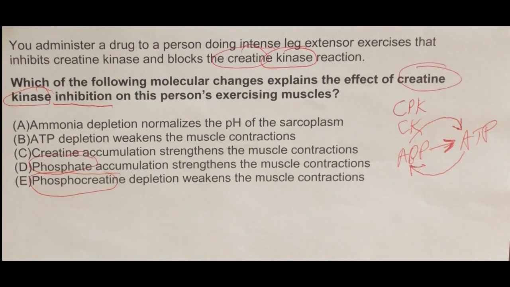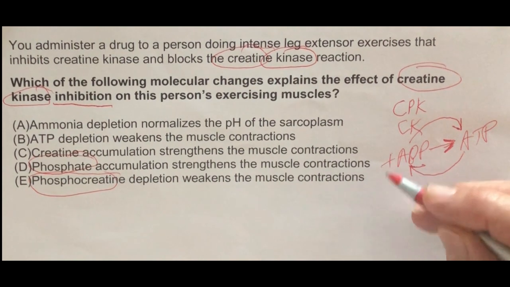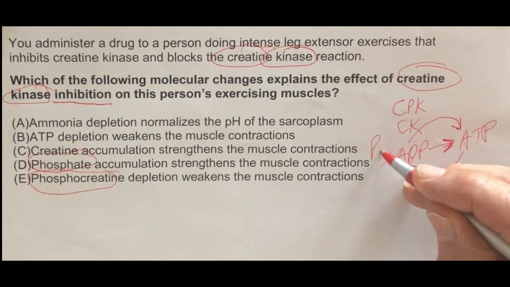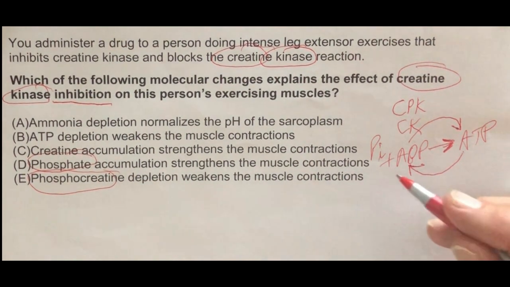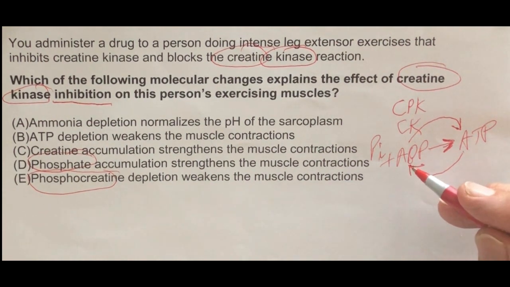Let's look at D. Phosphate accumulation strengthens the muscle contractions. So if we accumulate phosphate, phosphate is called inorganic phosphate, right? It's the inorganic phosphate that has to combine with ADP to make ATP.